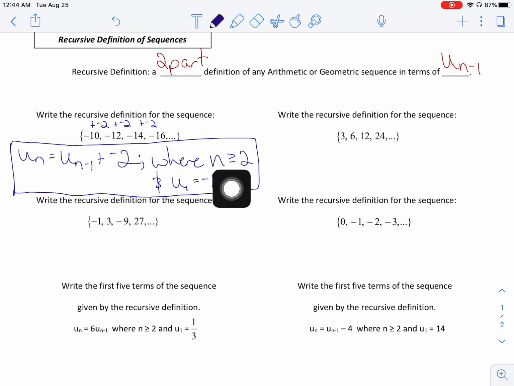So why do you have to have n is greater than or equal to 2? Because you can't have a one-number sequence. n is the number of terms in your sequence, and you need at least 2 terms to talk about a sequence. You cannot talk about it in terms of just one. One number does not make a sequence.